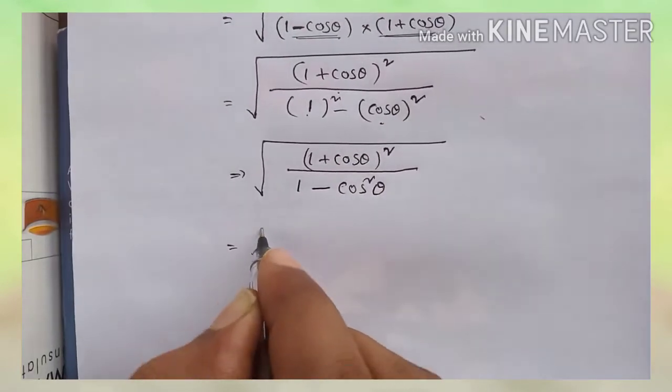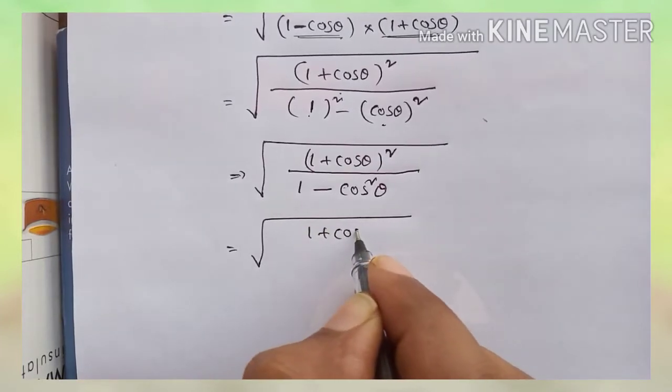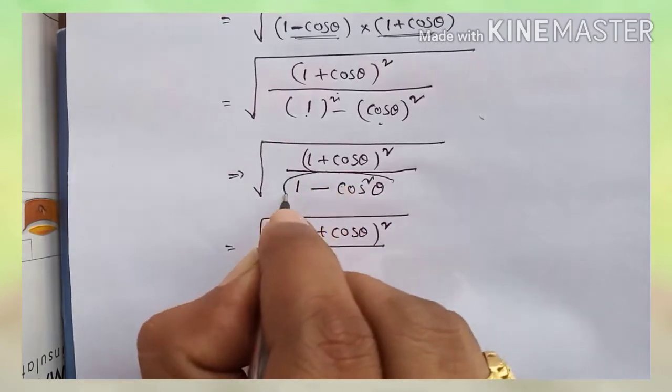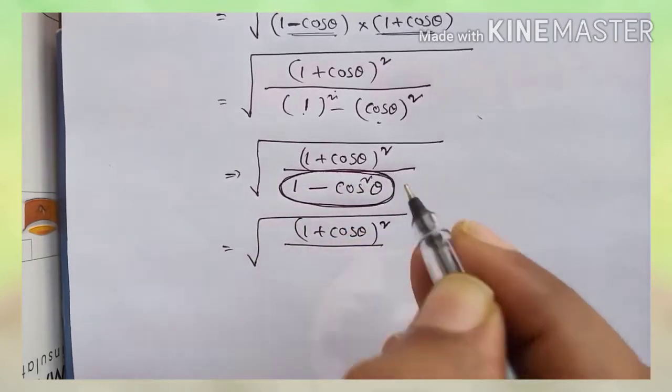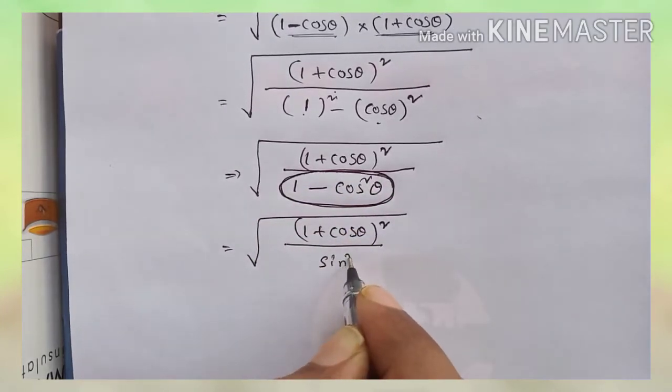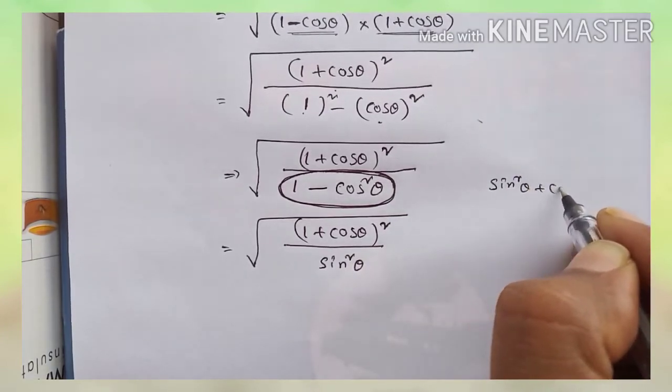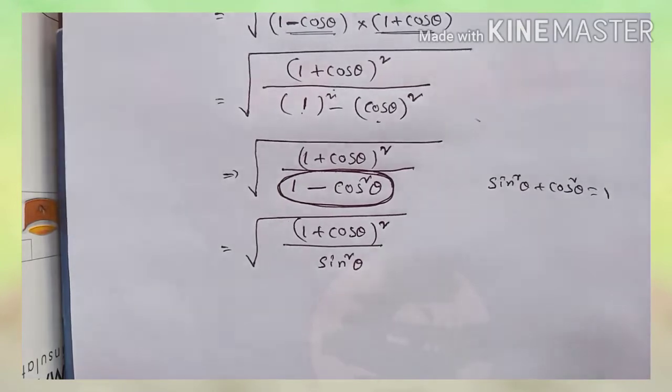Now root of (1 plus cos theta) whole square by (1 minus cos square theta). We know the identity sin square theta plus cos square theta is equal to 1.